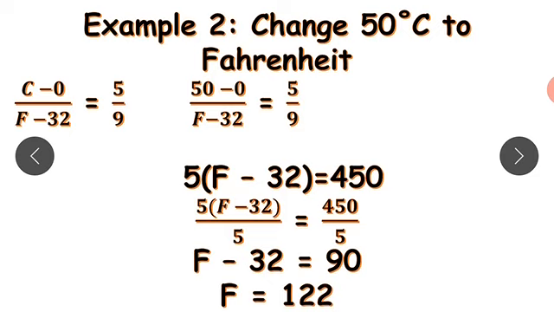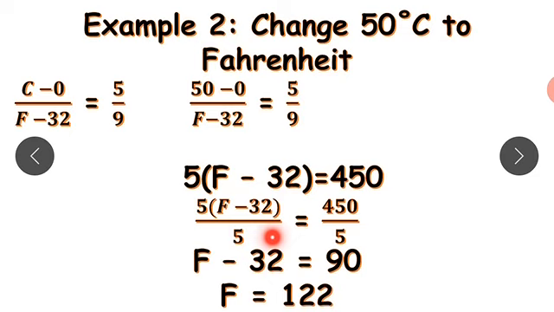Do the cross multiplication. 50 minus 0 is 50 times 9, that is 450. Then F minus 32 times 5 can be written as 5 quantity F minus 32.